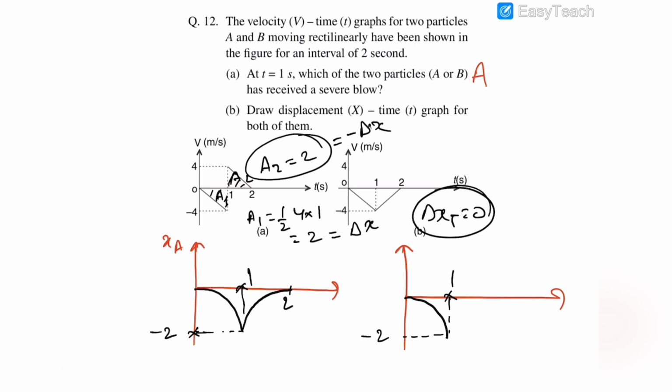Therefore, the displacement-time graph would be a parabola whose mouth would be opening towards the positive x-axis, towards the upward direction, and its area is still below the x-axis. So we can say that the total delta x1, the change in displacement here, is -2, and delta x2 is also -2, which means that the particle will go till -4 because these two areas are below the x-axis.